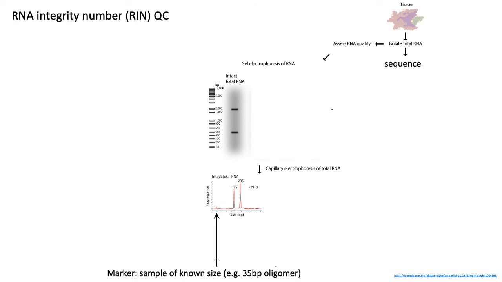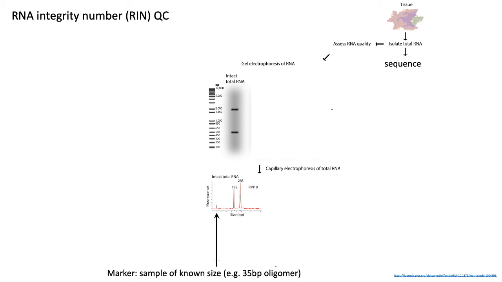A RNA integrity number, or RIN, of 10 is the best RIN value that you can get. You can see in this gel for a RIN of 10 that your 28S band, or your peak, is much higher than the 18S peak.